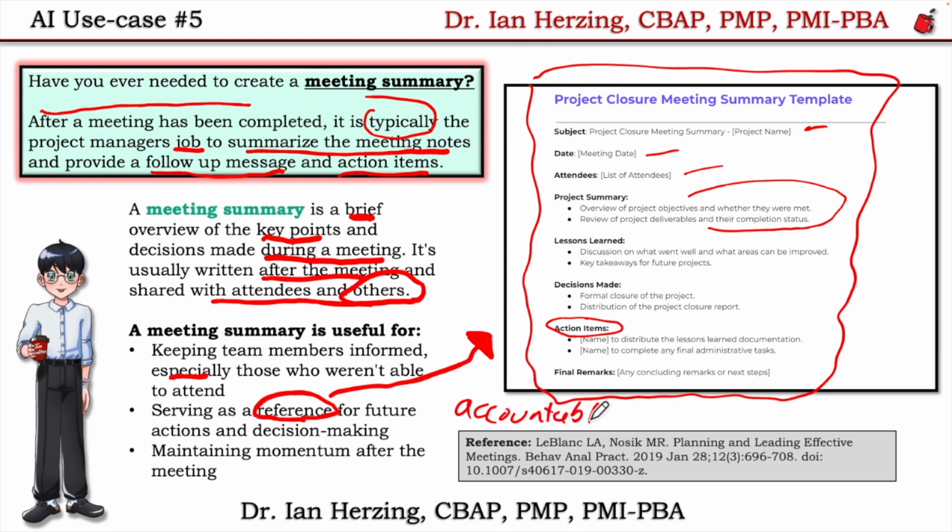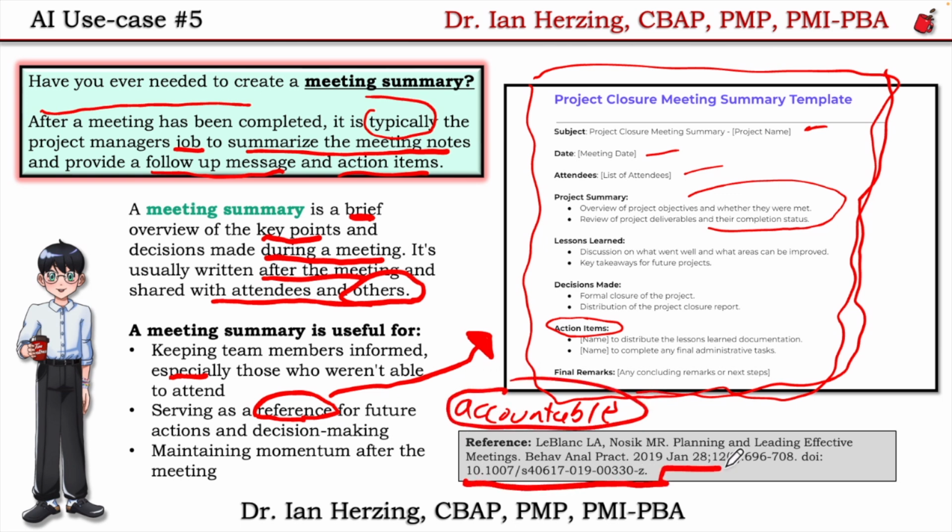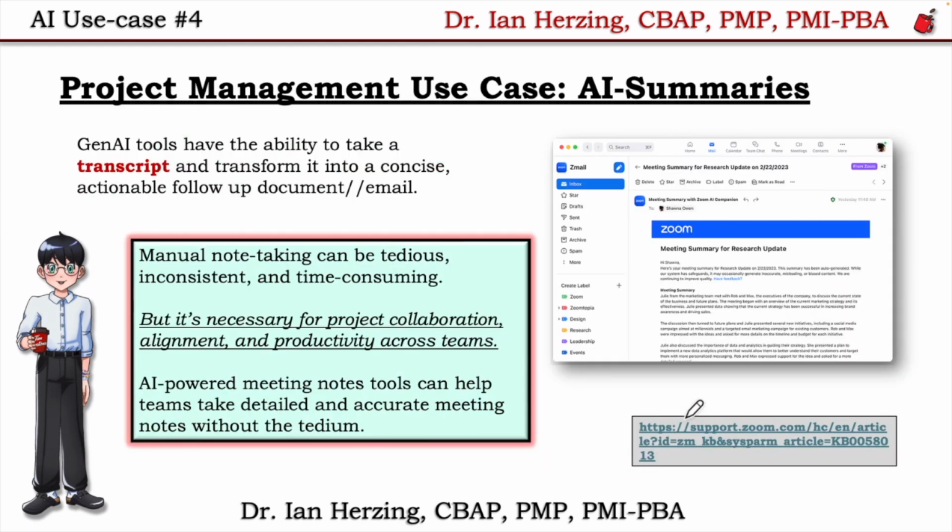If you get it in writing, it is much easier to say, hey, we outlined what you're supposed to do, but maybe you didn't do it, right? So definitely good from an accountability standpoint. I also provide a little reference here if you're more interested in meeting management as a whole, but that's the basic overview: a summarization of the key points to help keep the team accountable and moving in the right direction.